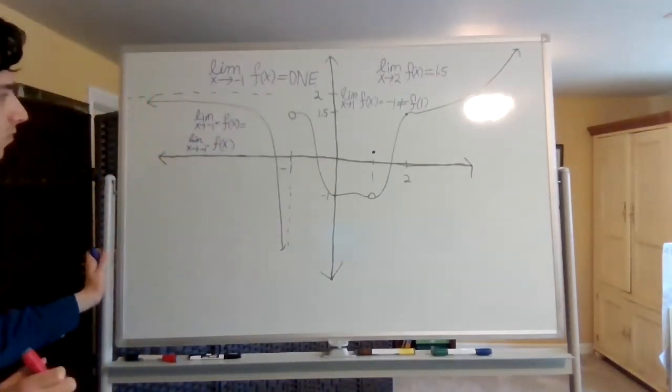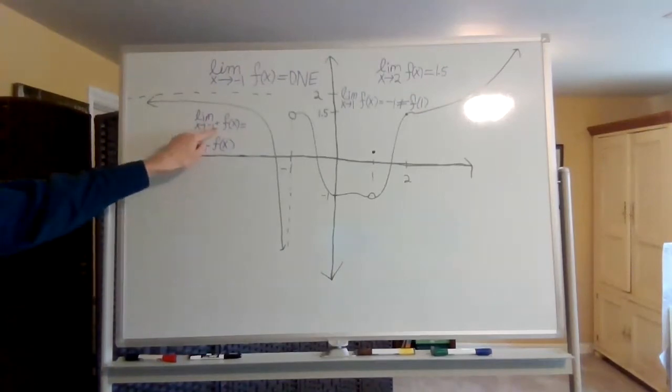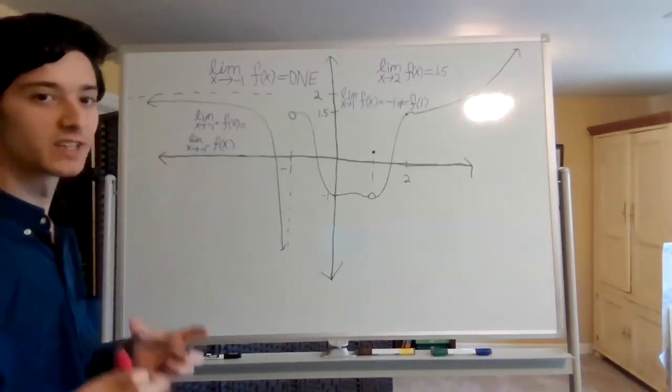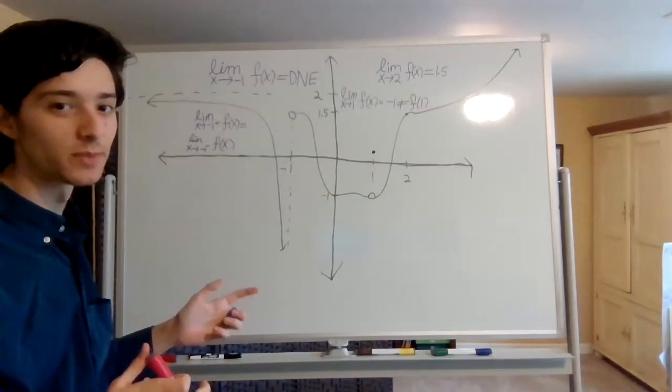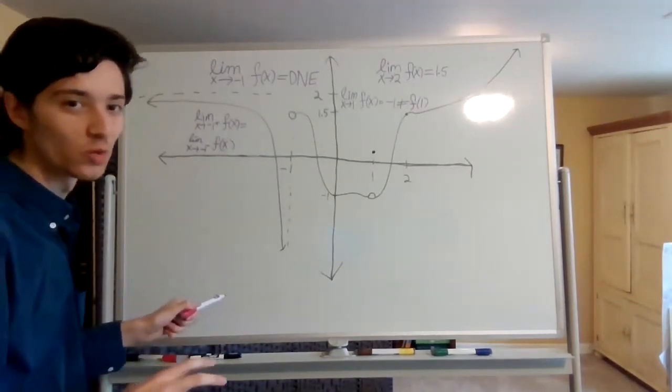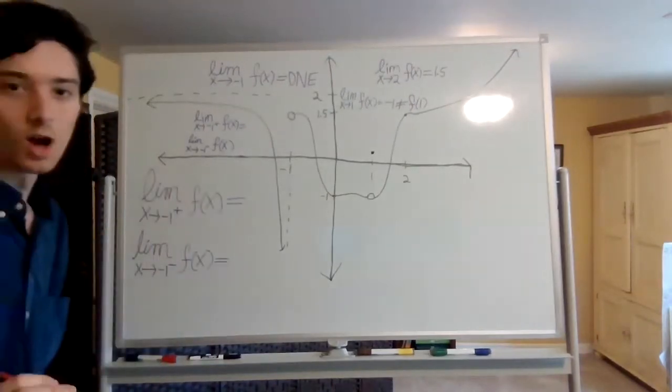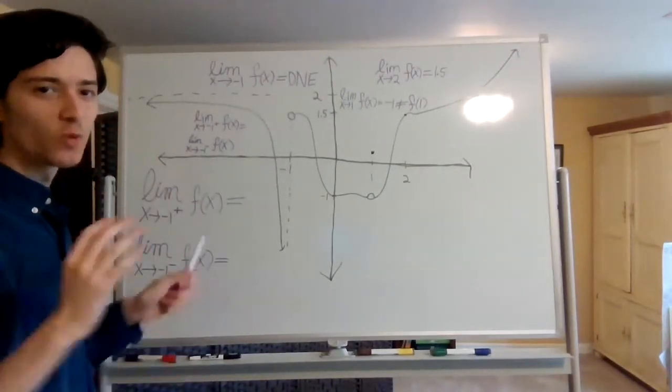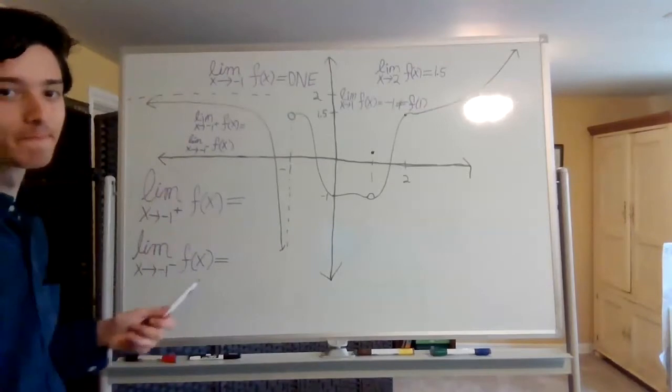So this plus kind of implies from the right, and the minus implies from the left. Actually, I'm going to rewrite them so that they're a little bigger. All right. So hopefully that gives a better look.